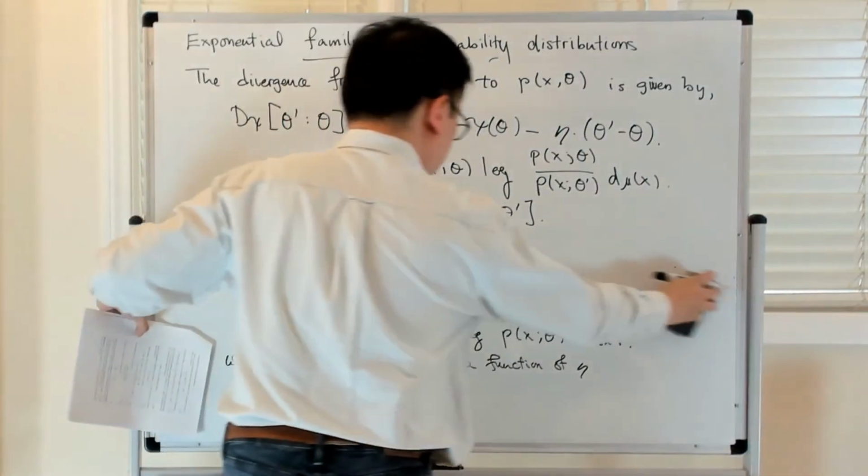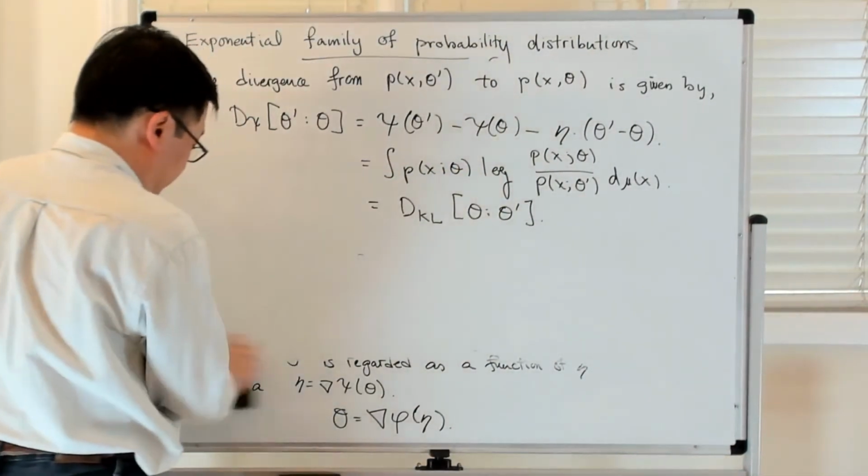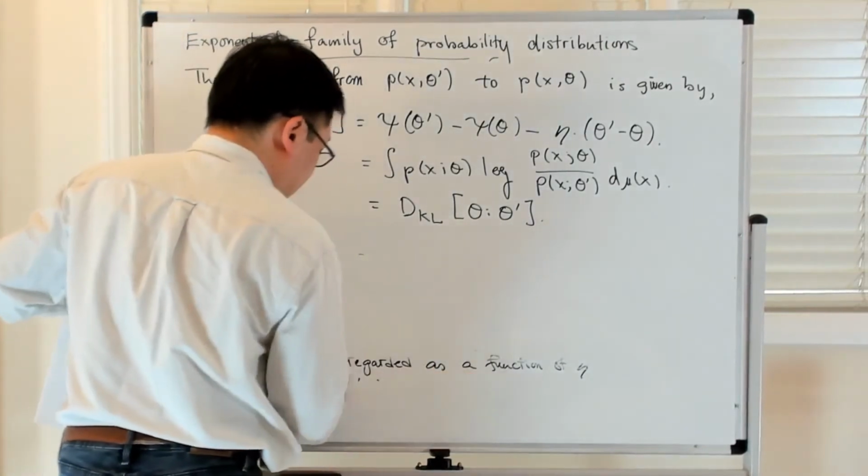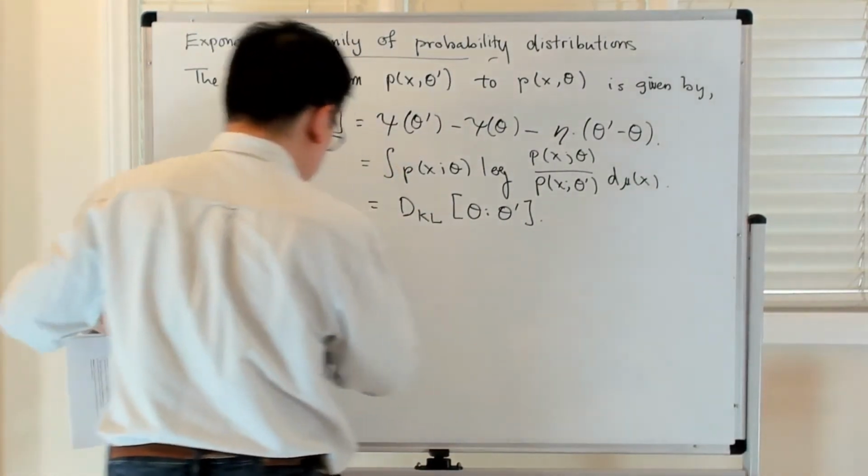Once you have the divergence, there is an associated Riemannian metric.